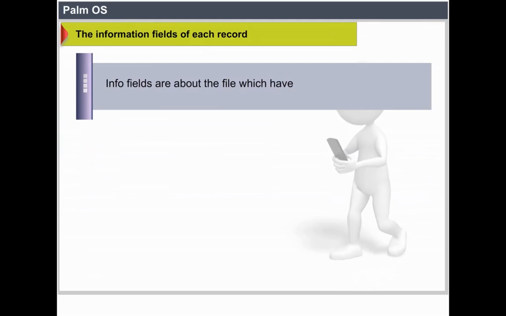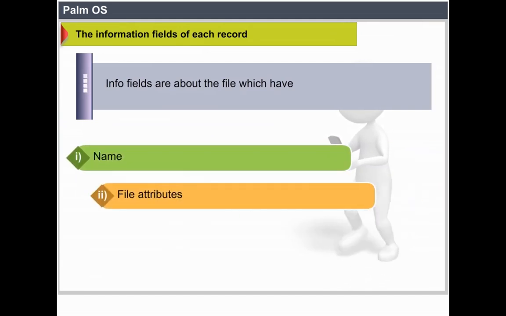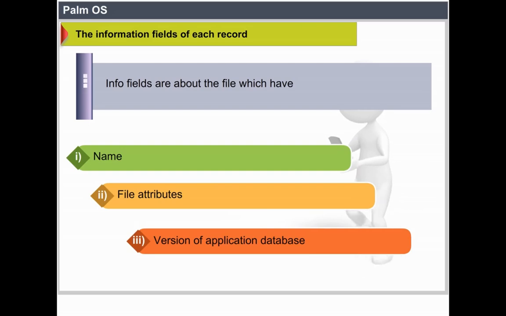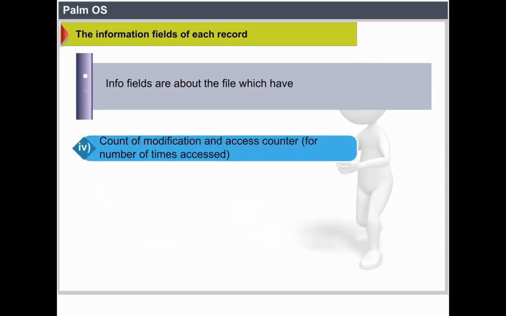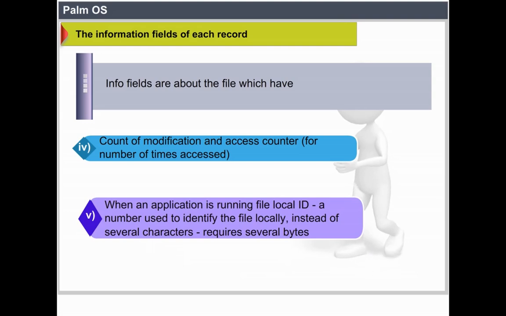Info fields about the file have name, file attributes, version of the application database, modification number, the number of times modified, and an access counter for the number of times accessed. File local ID is a number used to identify the file locally when an application is running, in place of several characters requiring several bytes.